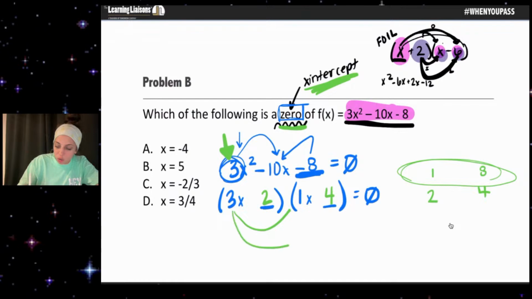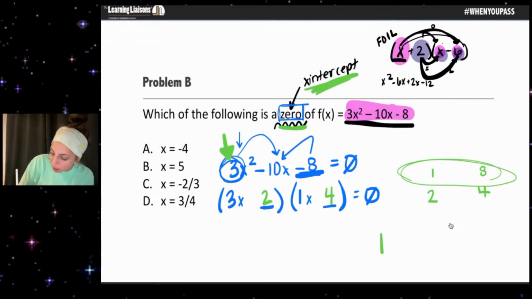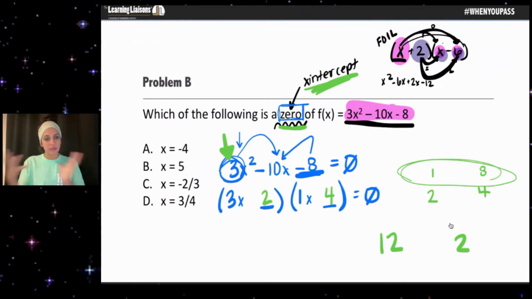3x squared, 12x, and 2x. Is 12 and 2 going to give me negative 10? Could it? It could. 12 and 2 could give me negative 10. How? How is a 12 and a 2 going to give me a negative 10? Which one has to be negative and which one has to be positive?